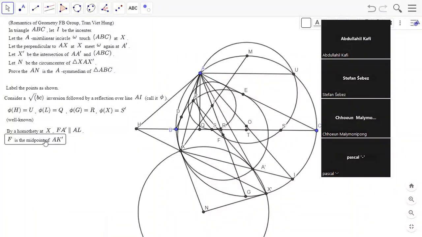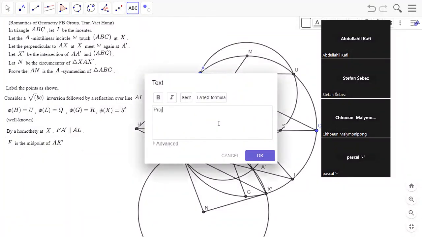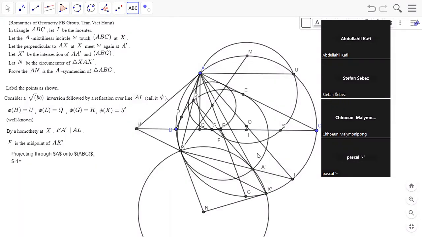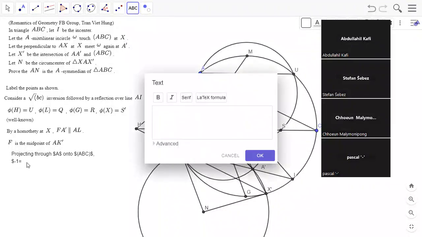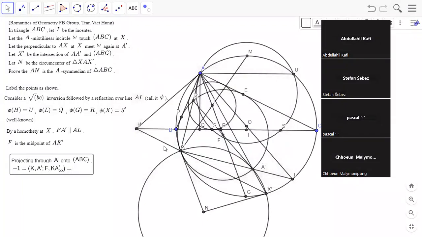Projecting onto the circle, equal to (K, A'; F, infinity), which is equal to (X, G; X', L).